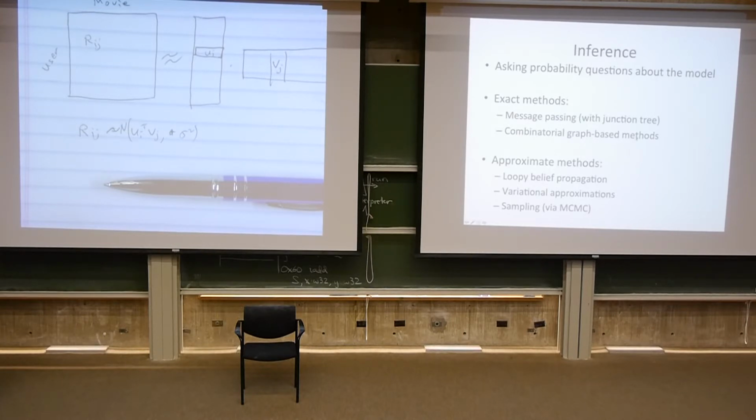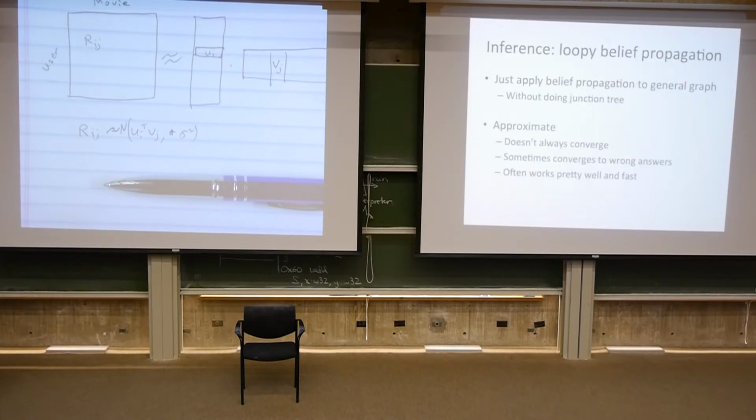I also skipped another way to do exact inference, which in special cases is much faster than message passing: for certain kinds of graphs, you can do inference based on solving max flow or min cut problems. Because we know how to do those fast, we can do inference pretty quickly on special kinds of graphs with that.